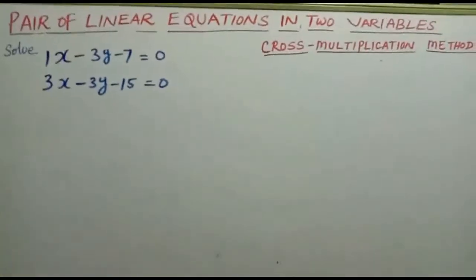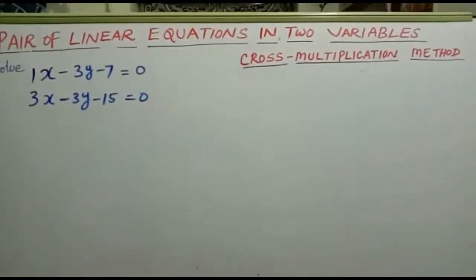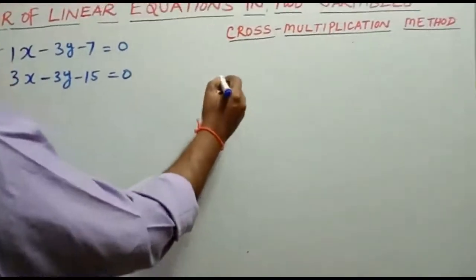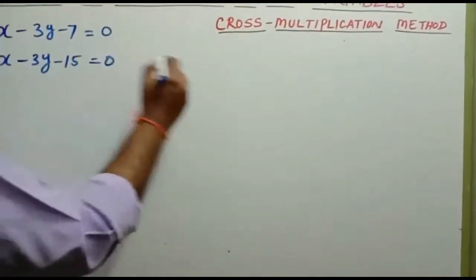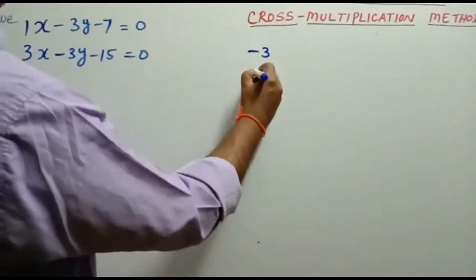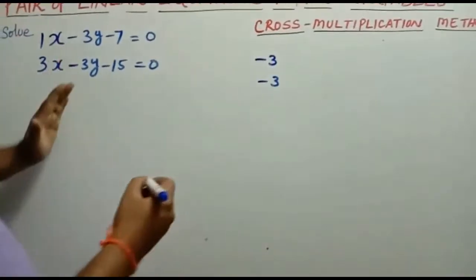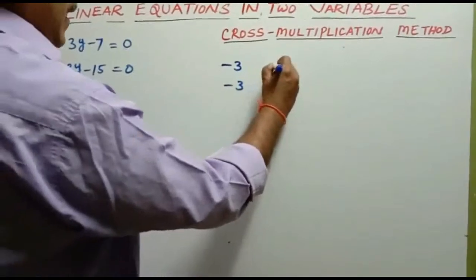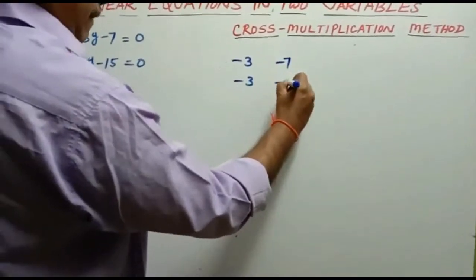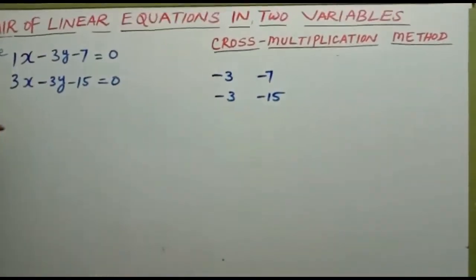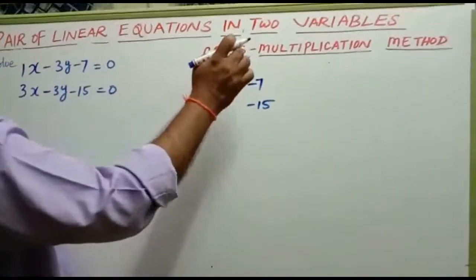This is very, very important. The first step, you have to draw a diagram. The first one is the y coefficients, minus 3, minus 3. Forget about x. Minus 3, minus 3, afterwards minus 7, minus 15. Now the y coefficient is over, the constant is over.